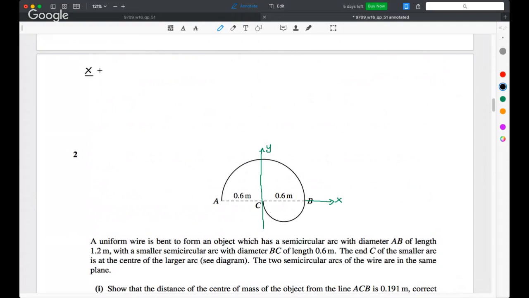Of this arc, and let's call it L for large. So we want this, and we also want x small.